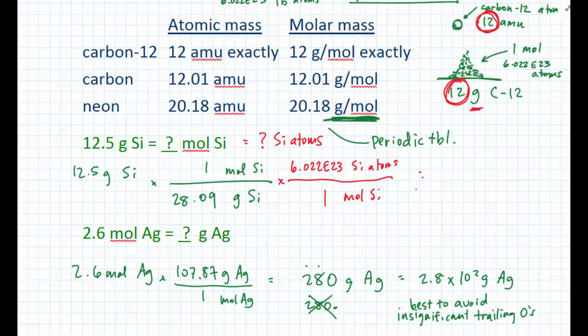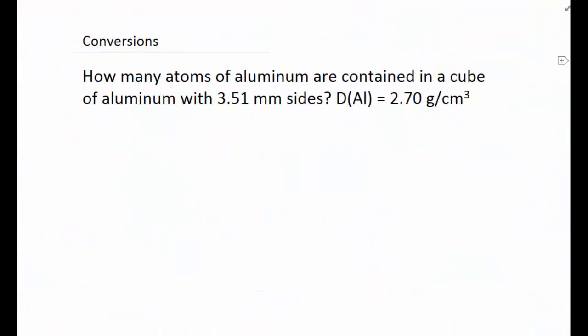You would be surprised at how many answers I see that are given in tiny, tiny fractions of an atom. Usually it's because Avogadro's number was placed on the wrong side of a fraction. But that's a really easy thing to check for. If your answer is in atoms, you should be having a lot of atoms. Any reasonable sample of anything is going to contain a lot of atoms. You guys get that. All right.